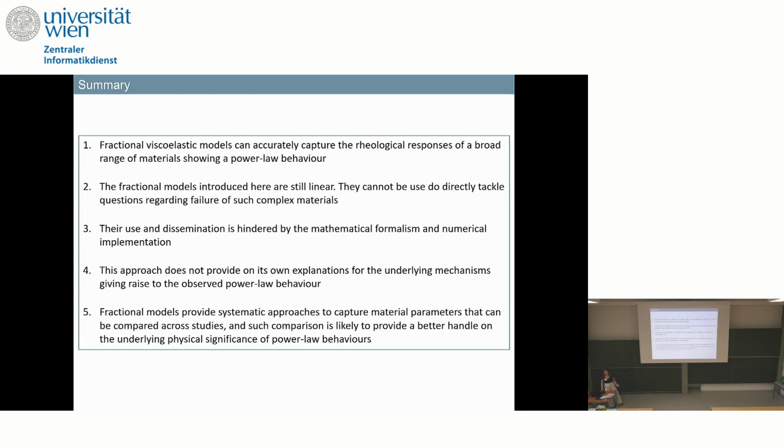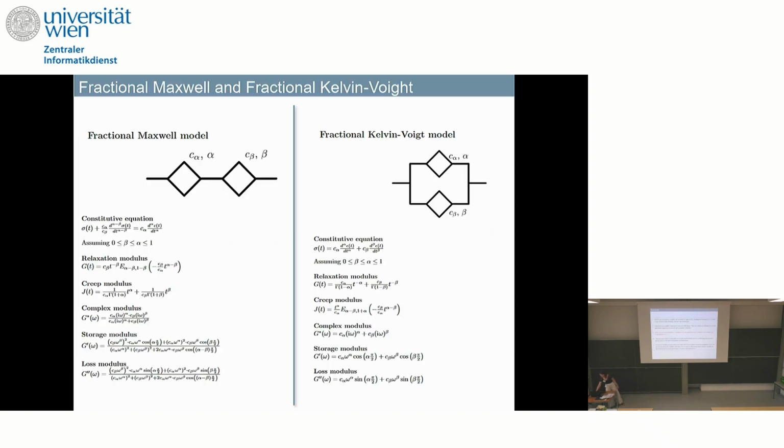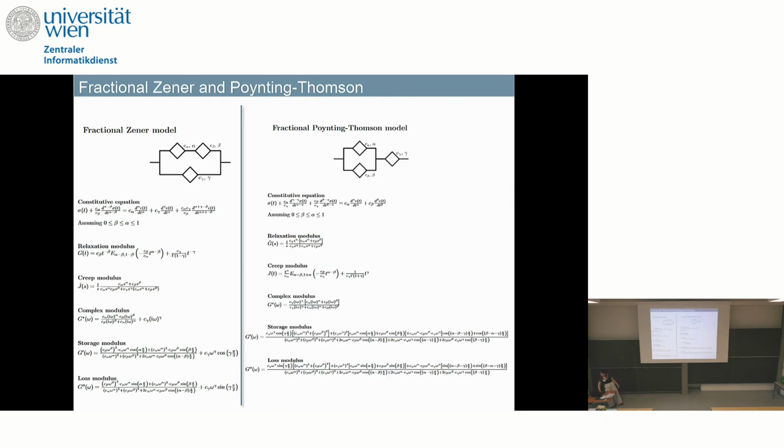So why are they not used? One downside is that the mathematical formalism and numerical implementation is not so straightforward. If we try to derive for all of them the G prime, G double prime, and the G and the J, we can see that the math becomes quite messy easily. So that might have been a reason.